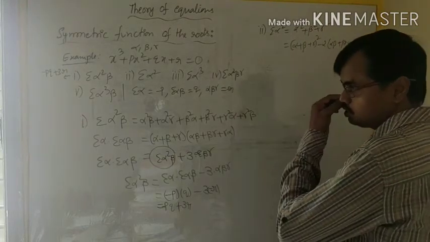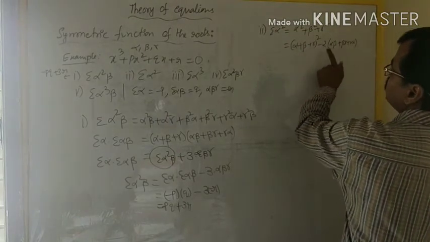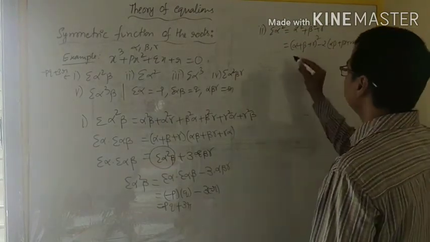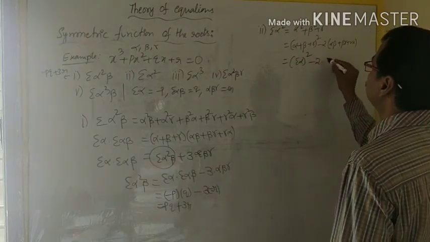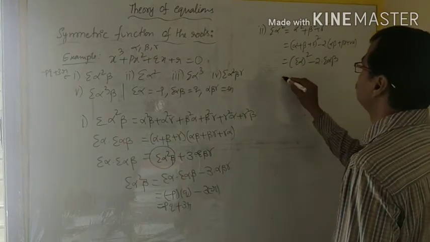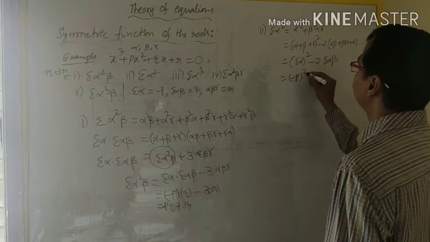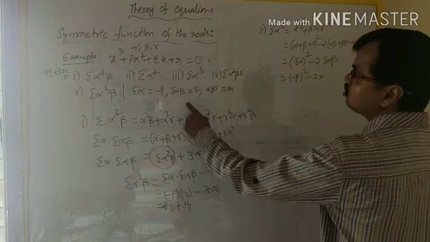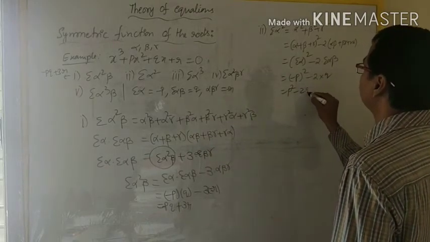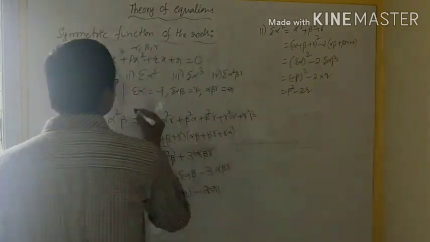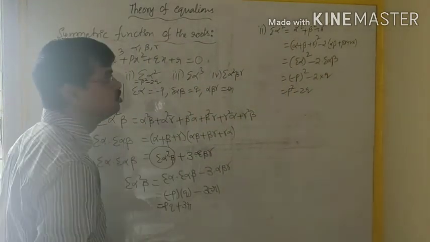You know that a square plus b square plus c square equals a plus b plus c whole square minus 2 times this. This is nothing but sigma alpha whole square minus 2 into sigma alpha beta. Sigma alpha value is minus p, so minus p whole square minus 2 into q, that is p square minus 2q. This value we got: p square minus 2q.